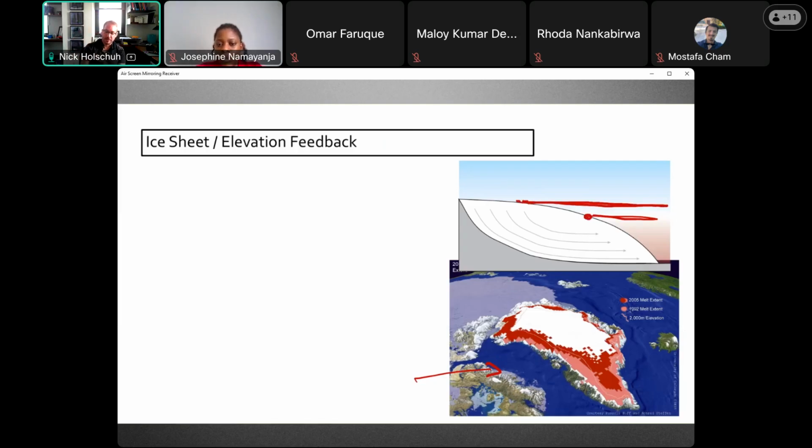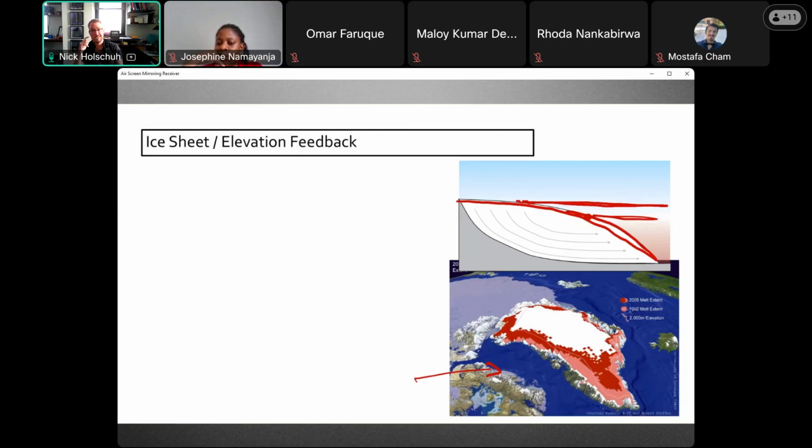And because of the characteristic shape of glacier systems, they have this concave down surface. The area exposed to surface melt grows non-linearly. So we might expect that with every incremental change in atmospheric temperature, we actually have a non-linear growth in the amount of melt that's experienced by the ice sheet.